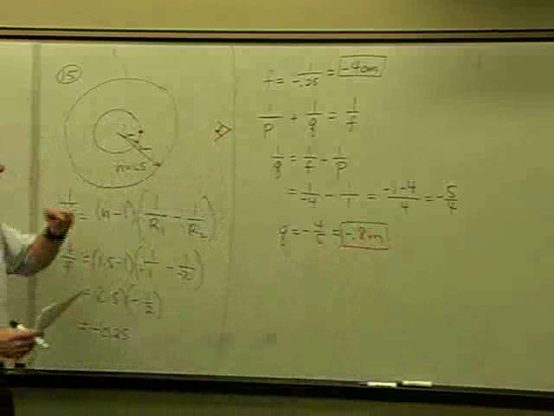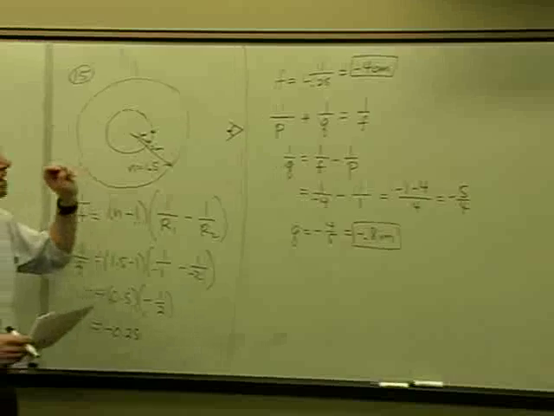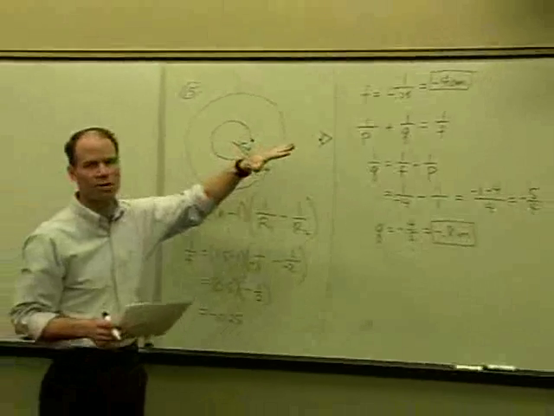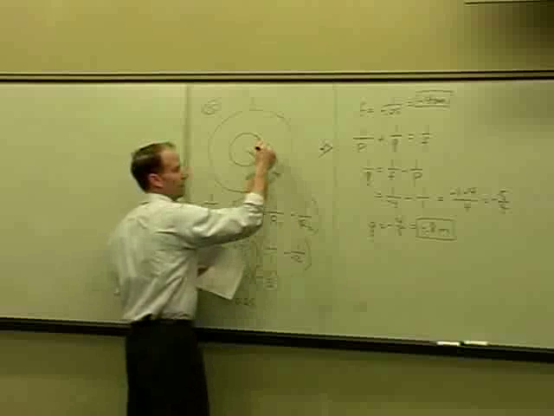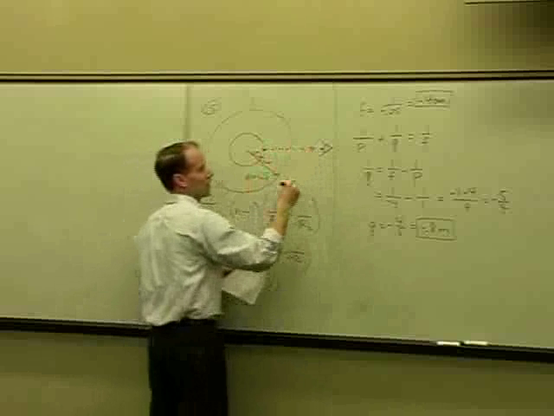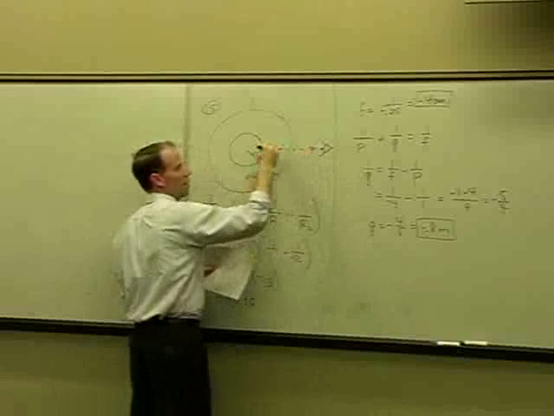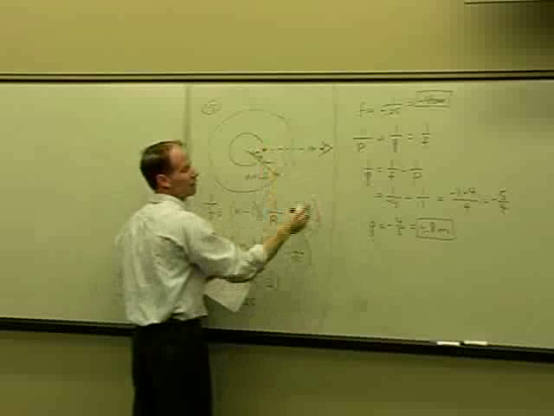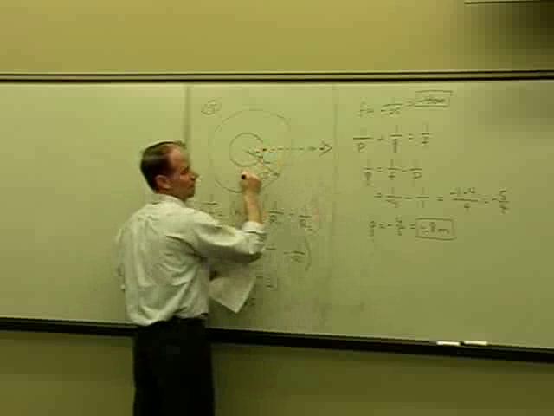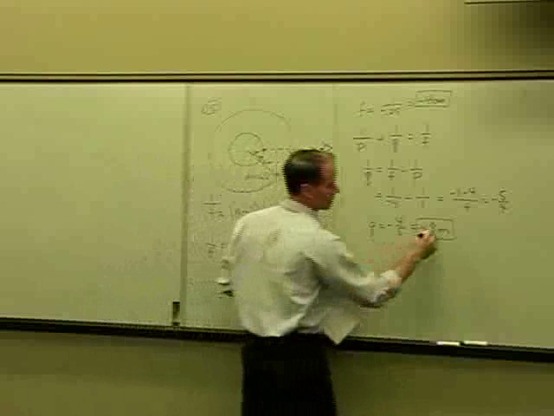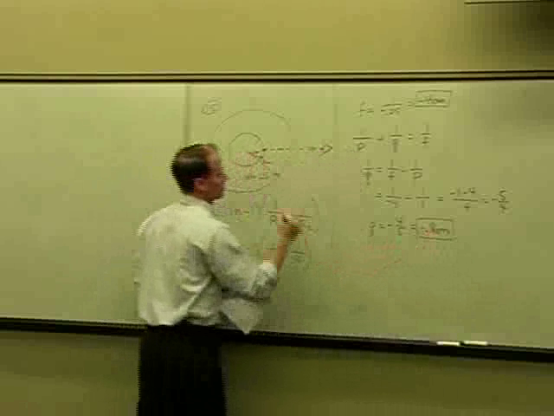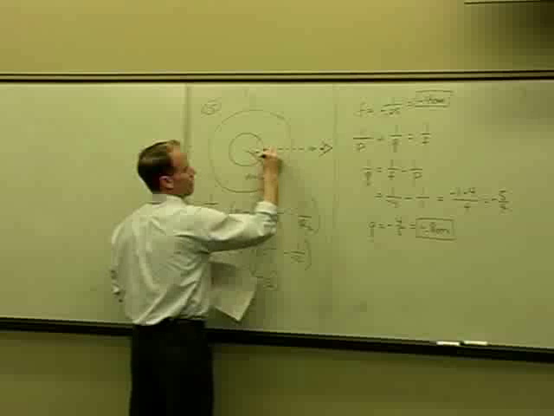The negative sign means that the image is not going to be on the side of the outgoing rays. Here the rays are coming here and they're headed this way. The image is actually going to be located on this side of it at a negative 0.8 meters. So, 0.8 centimeters. We're staying in centimeters. So it's going to be located right here.